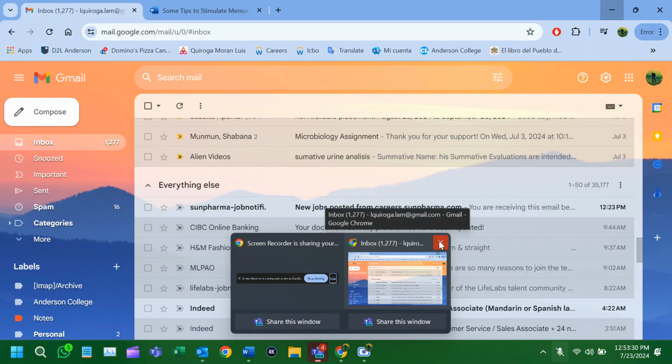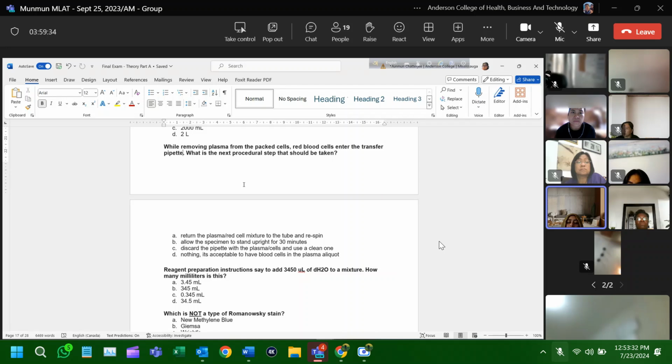If we need to use another tube and recentrifuge, in this question with the options, it is C. You should pour it back into the tube and recentrifuge. You are not going to throw the plasma.